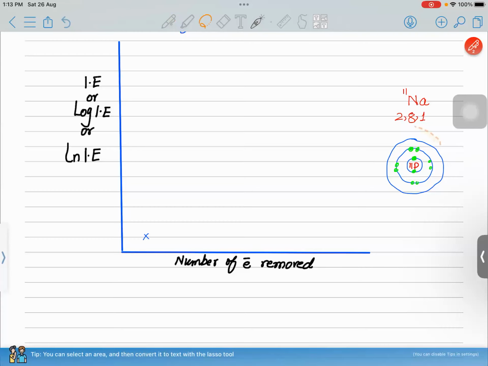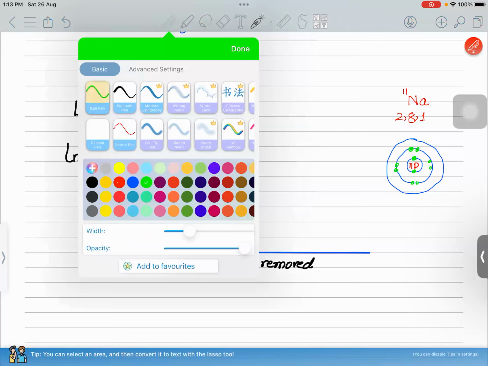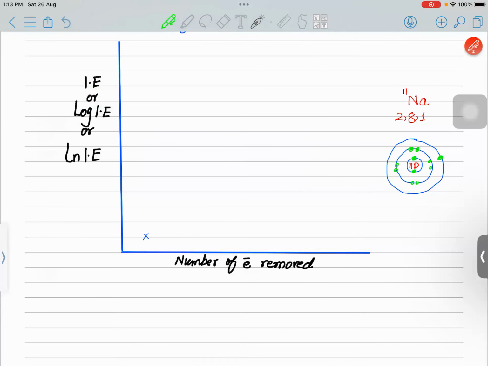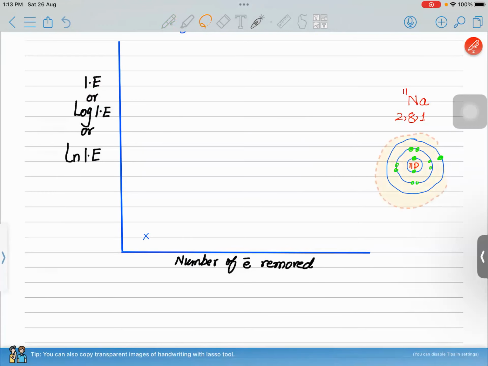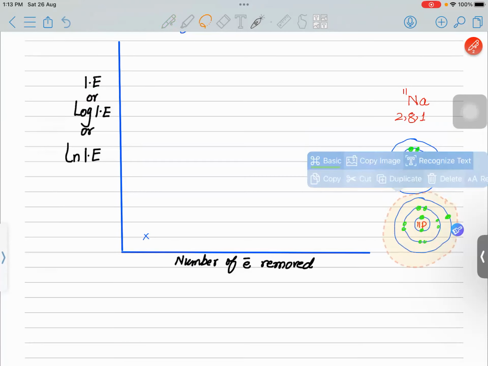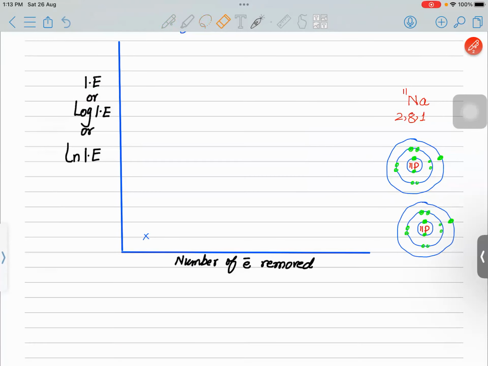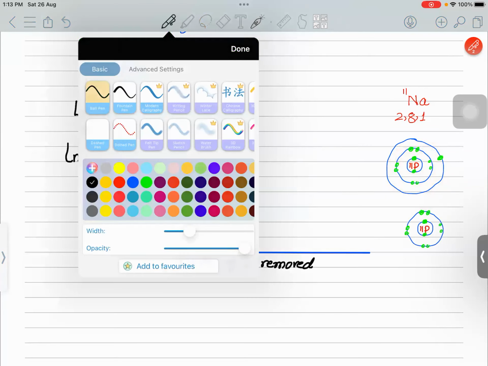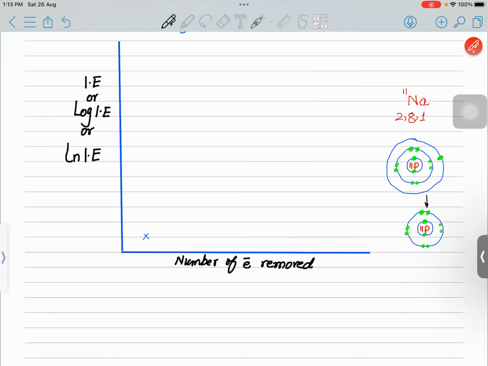Now, when you remove one electron, you can see that the shell is changed. Now, can you tell me whether ionization energy increases or decreases?